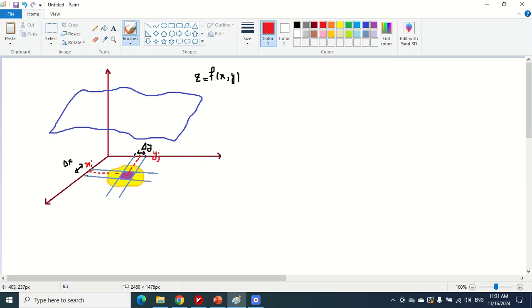Then the height at that point determines the height of that cube, which means the height over here is z i j, that is equal to f of xi and yj.